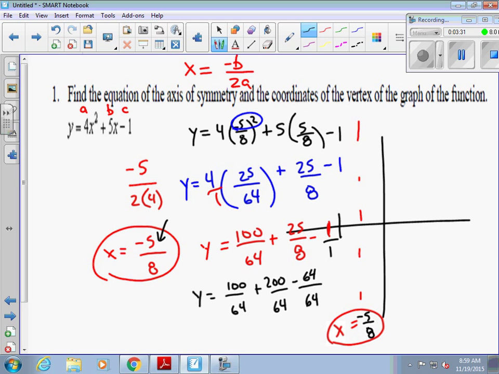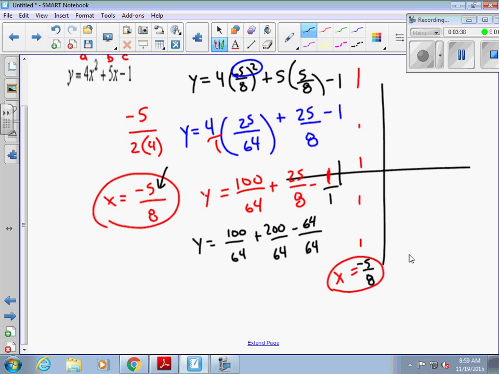Again, that's the same thing as 1. So now what we have is common denominators. I know these are bad numbers, but we can make it work just like this. That same number is going to stay at the bottom, 64. 100 plus 200 is 300, and 300 minus 64 is 236. So y's value is going to be 236 over 64.